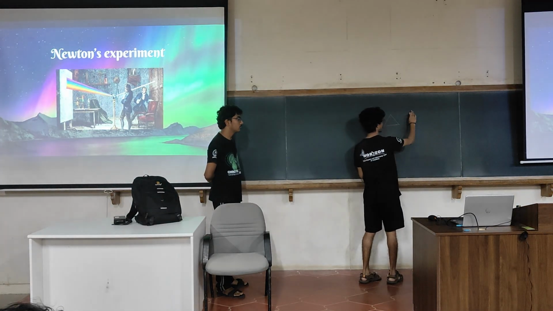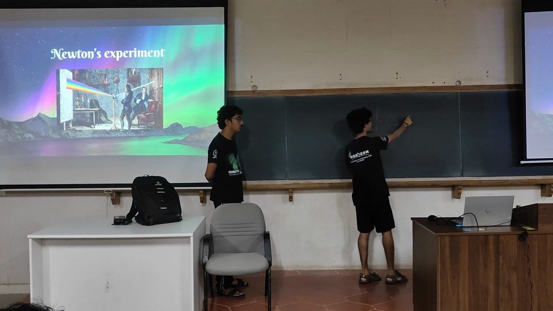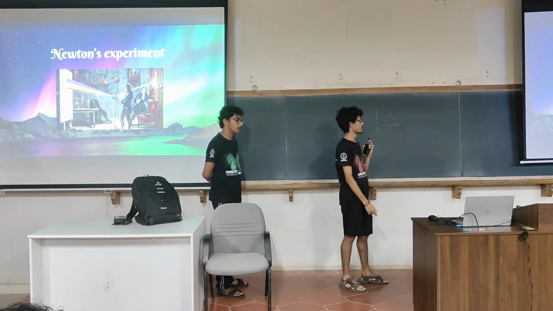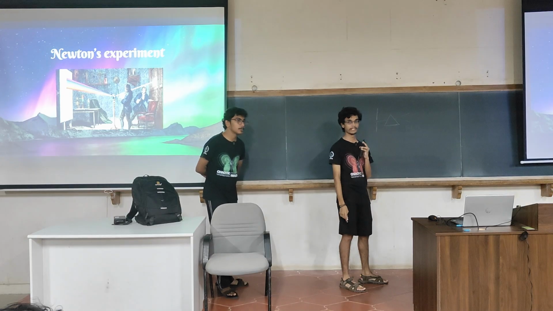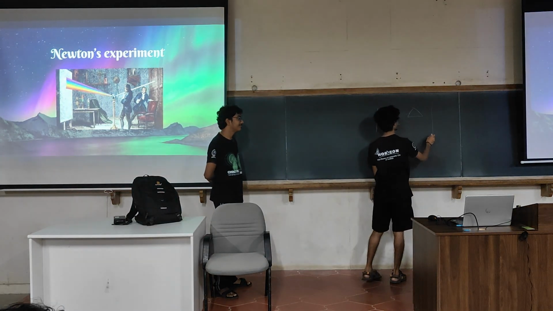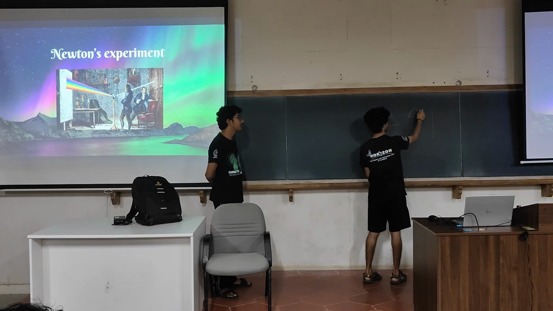But obviously that's not what happened. He wanted to test this out, but the fair got over by that time, and he had to wait one more year to buy another prism and complete his experiment.